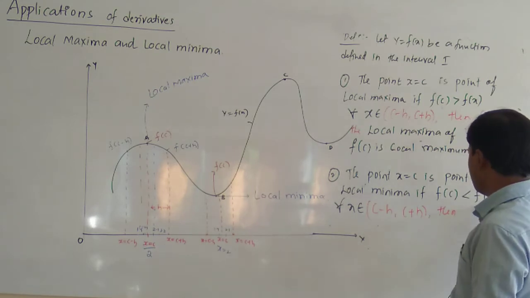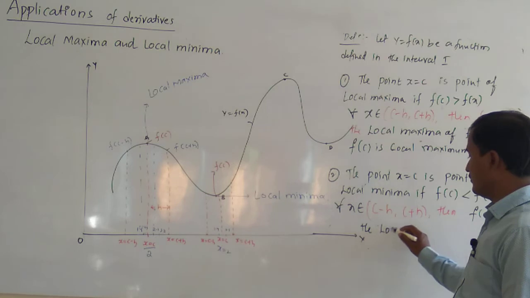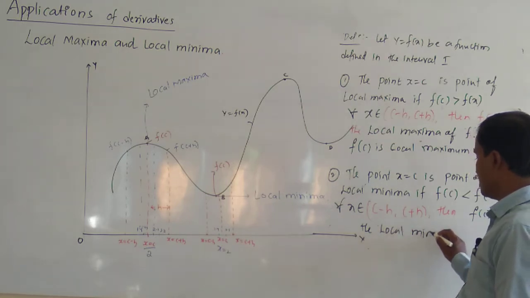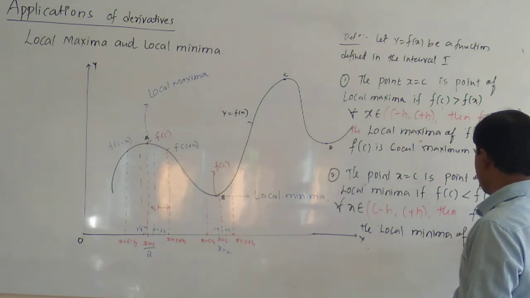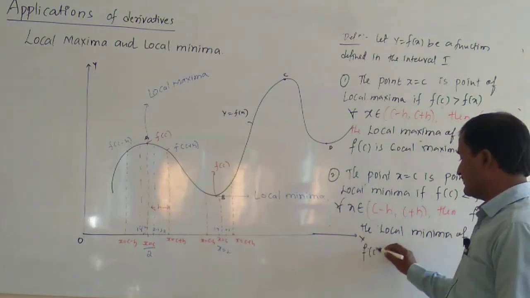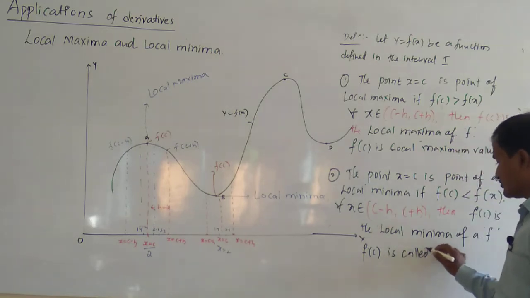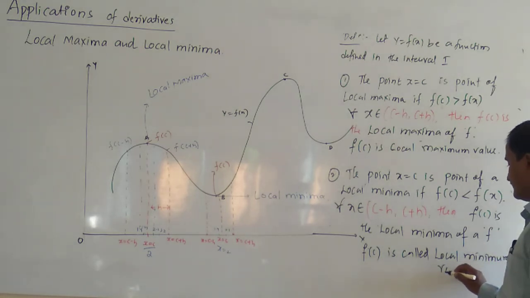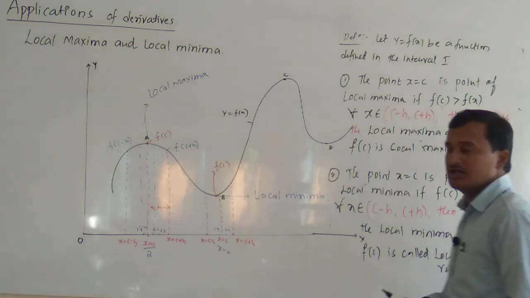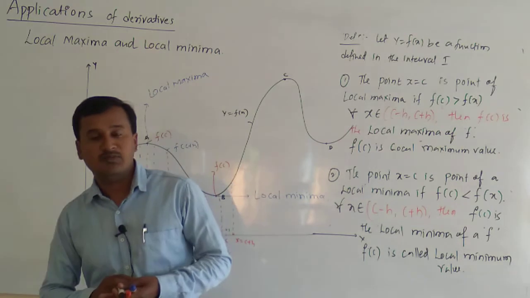Then f of c is the local minima of f, and the functional value f of c is called the local minimum value. So this is about local maxima and local minima.